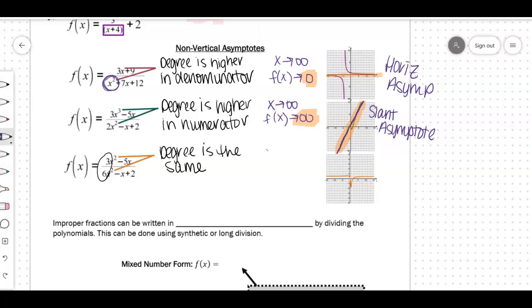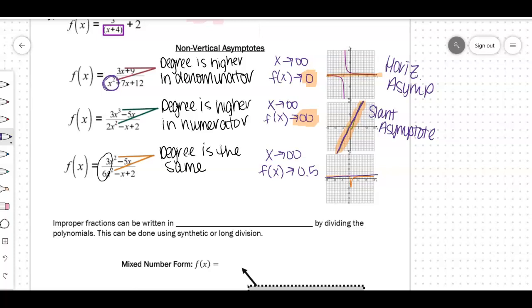So as x gets bigger and bigger and bigger, I'm always going to have half the amount in the numerator as I do in the denominator. And so it'll kind of level off around 1/2. Our function will get closer and closer and closer to 0.5 because again, our numerator is going to be roughly half of our denominator.